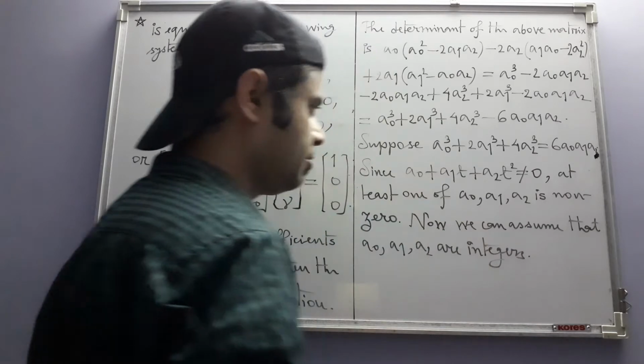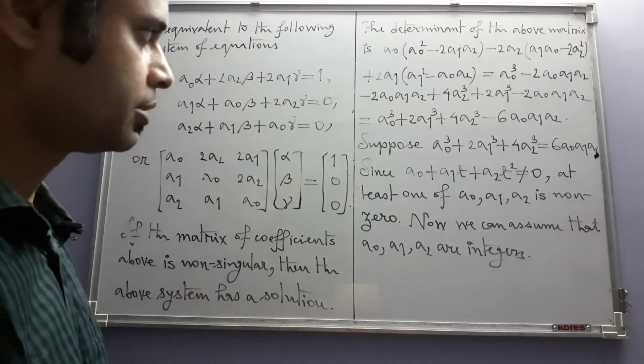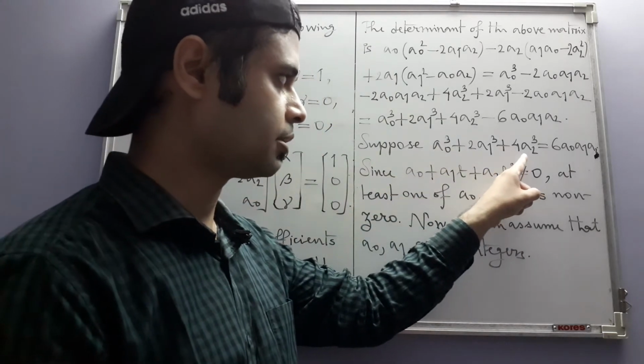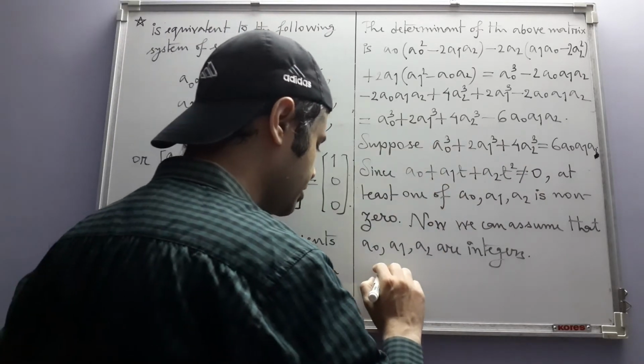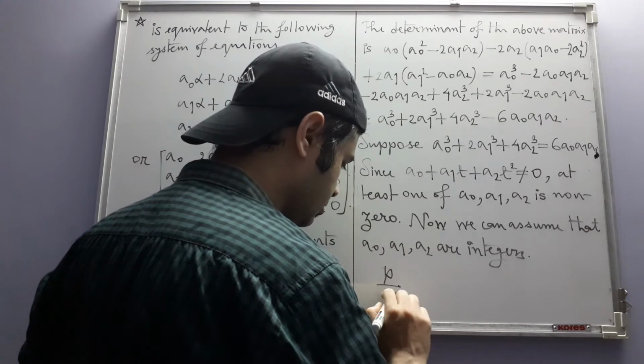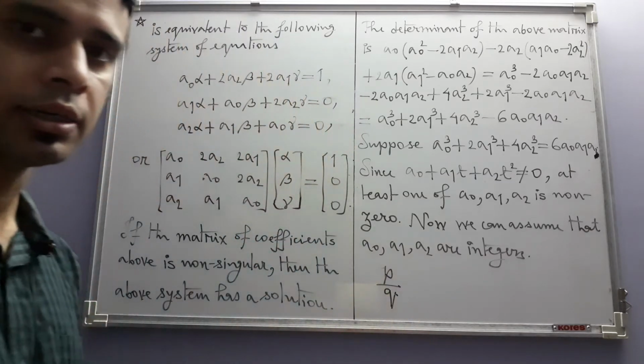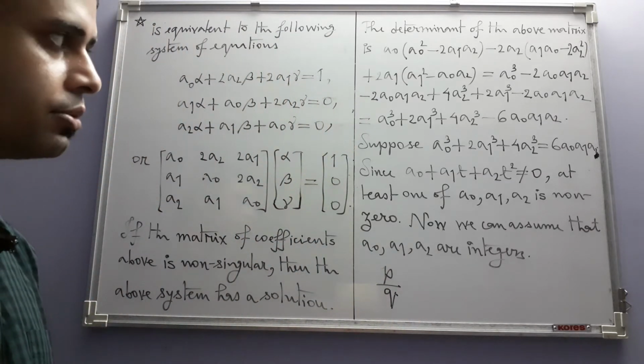If they are non-integral rational numbers, then each one of them will be of the form p divided by q, where p and q are integers and q is not equal to 0.